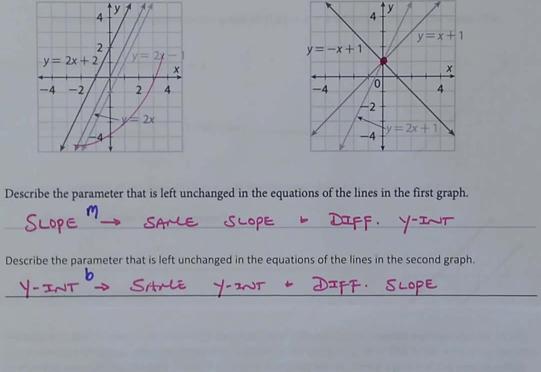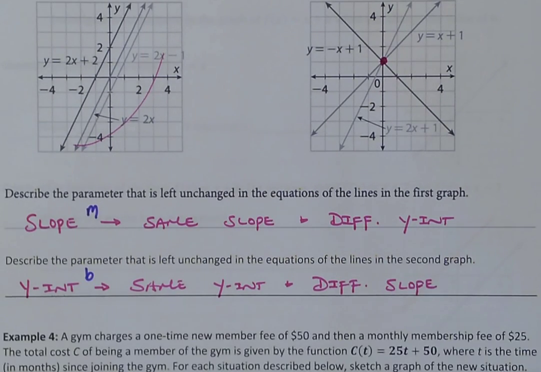All right, so that is example 3. So when you get to the questions that ask you to describe the parameter that is left unchanged, use these two as a reference to tell you whether the slope or the m value is unchanged, or the y-intercept or b value is unchanged.